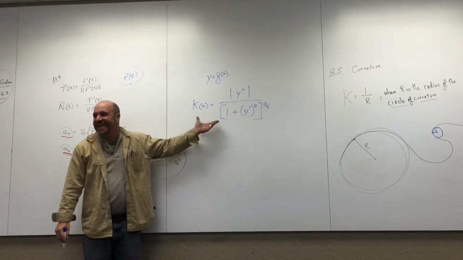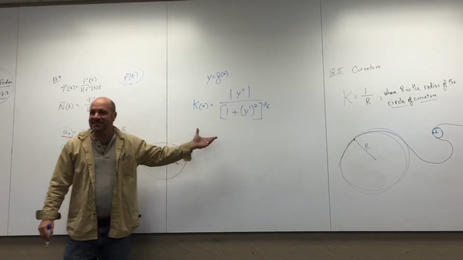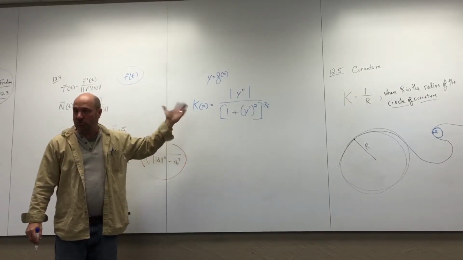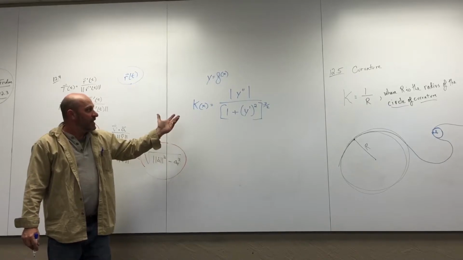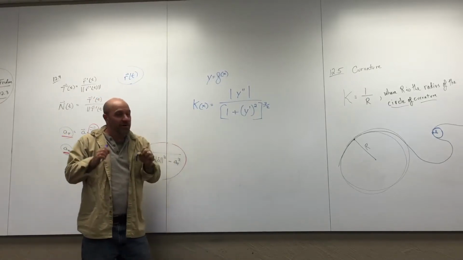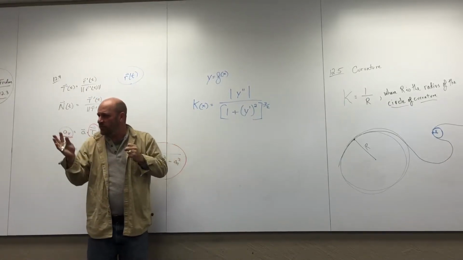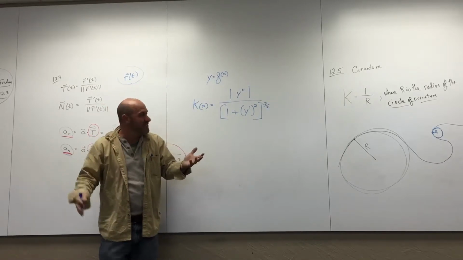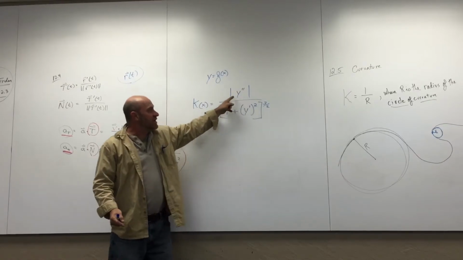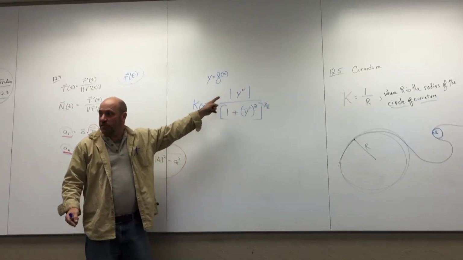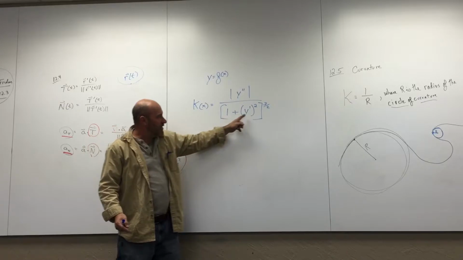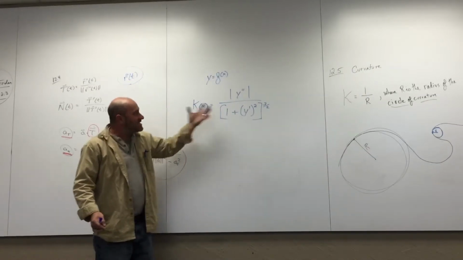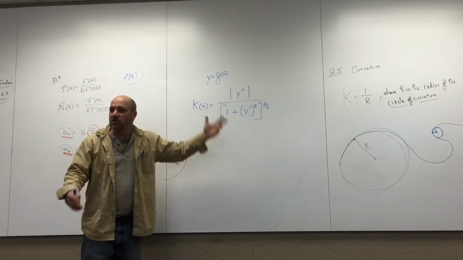I'm not asking you to memorize all these obscure formulas, but that's a nice one. That's a curvature formula. Apparently, the curvature is never a negative number. It's a positive number. It's a measurement of how much we're curving at a particular point. That absolute value is going to guarantee that I get a positive result. But that's the formula when you have y as a function of x.